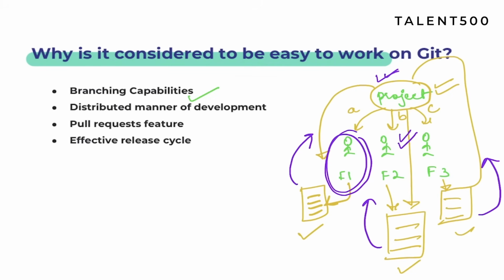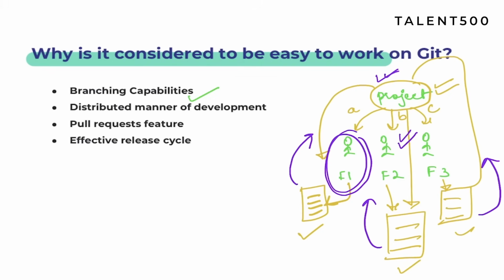Also, branching capabilities make your work easier in terms of merge. It provides you the option of merge, along with an efficient workflow which you can use for tracking it end to end.